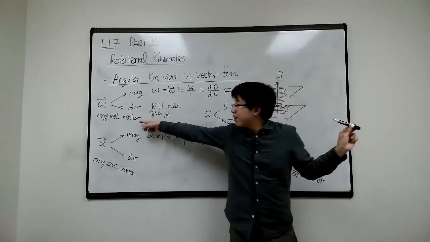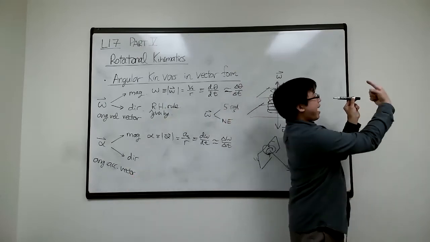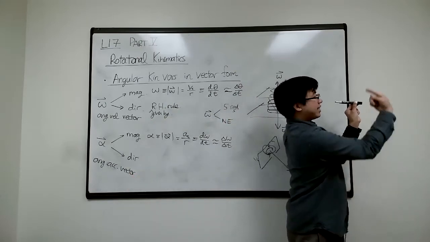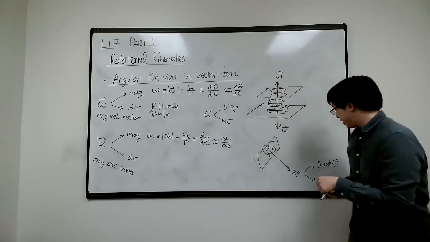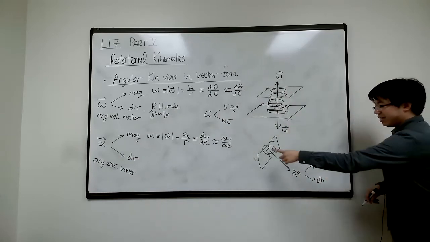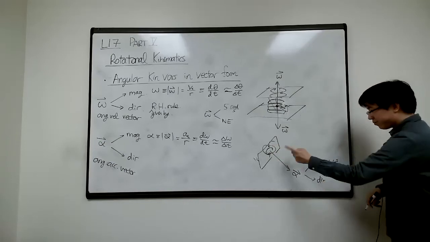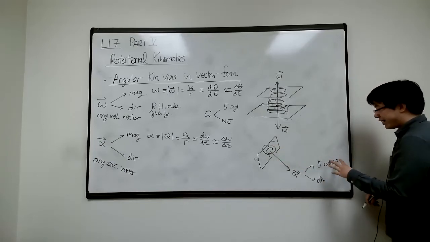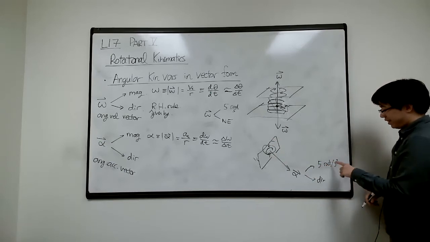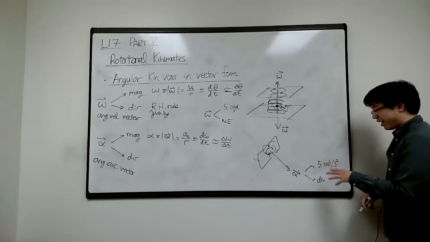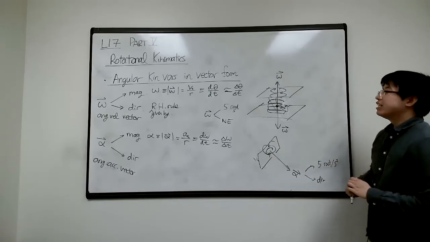If I'm talking about angular acceleration, it's how fast the increase is in this direction, right? So it's increasing every second. It's rotating faster and faster in this direction at 5 radians per second squared. So each second, it's increasing by 5 radians per second of speed, right?